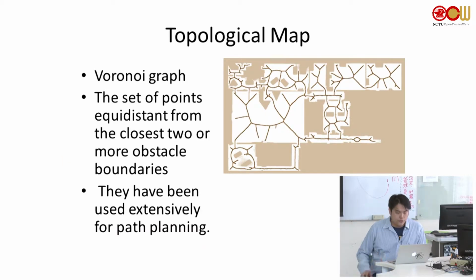Let me introduce you another one. It's called topological map. When we want to build a map, we could think about what's the task we want the robot to carry out. For the occupancy grid or for the line map, you could imagine that we just want to represent the obstacles, essentially the obstacles.